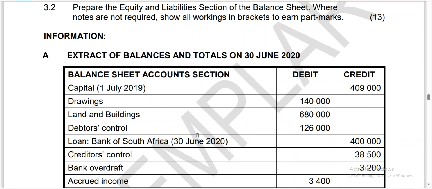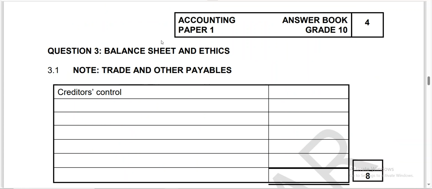Now, the secret to mastering the balance sheet is to always start by entering the information that you have. Once you have entered that, then you can deal with the adjustments. Then here they're saying that maybe we can also look at the format.